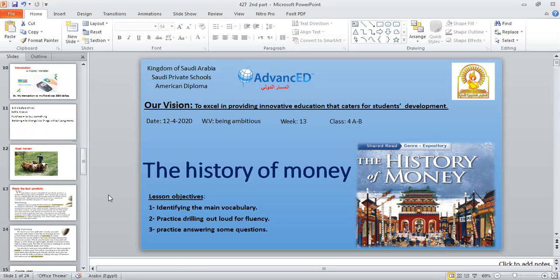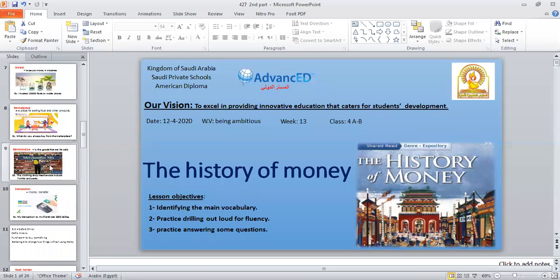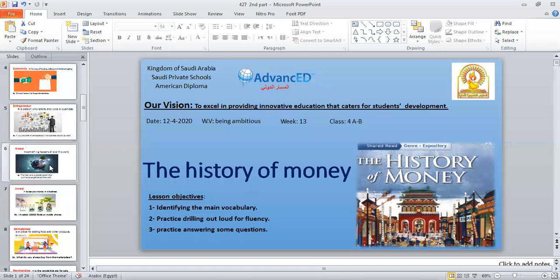We can't complete any new text without reviewing quickly what we knew in the previous part. I think we don't need to revise the main vocabulary again, but if anyone needs, please raise your hand and we can revise it for 1 or 2 minutes.